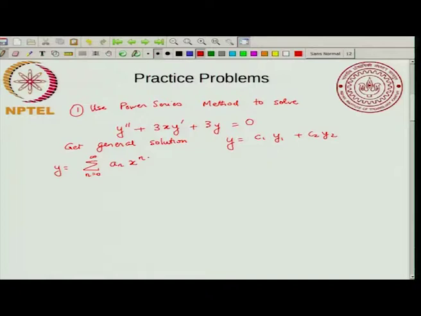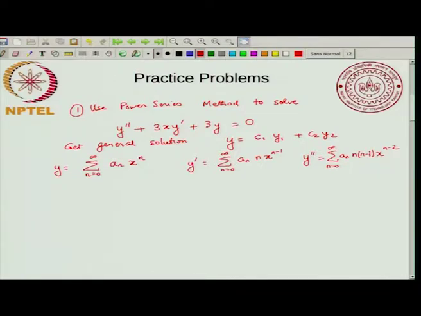Then y prime is equal to sum over n equal to 0 to infinity a n n x raised to n minus 1, and y double prime equal to sum over n equal to 0 to infinity a n n into n minus 1 x raised to n minus 2. This is the first step in the power series method: to write the power series and write the derivatives.